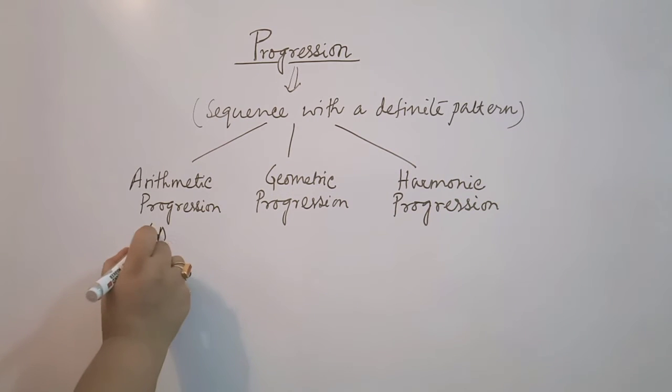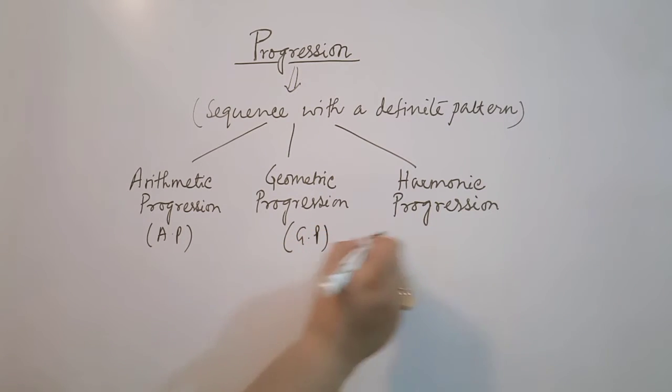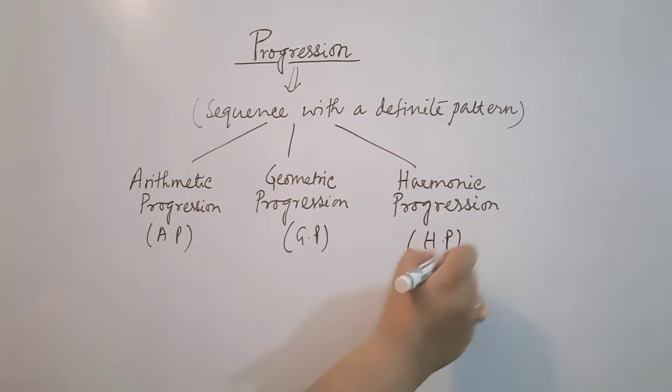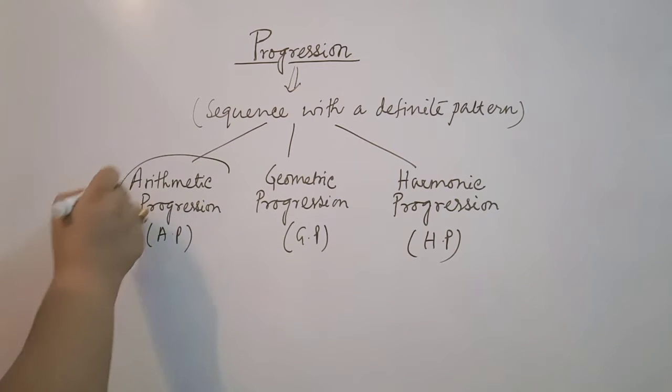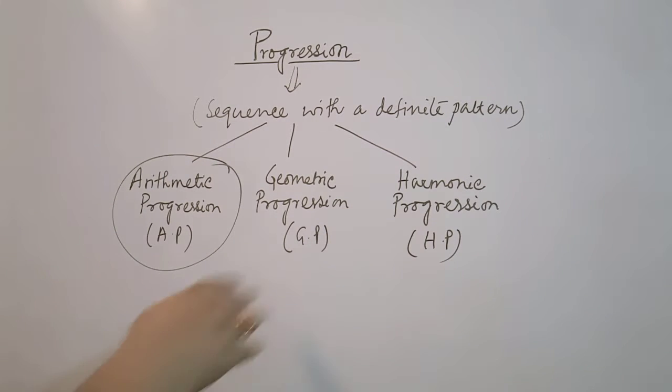Arithmetic progression in brief is known as AP, geometric progression is known as GP, and harmonic progression is known as HP. Our today's topic is arithmetic progression. In my next videos, I will be gradually discussing about the other types of progressions. So here in today's video, I am now going to discuss about arithmetic progression.